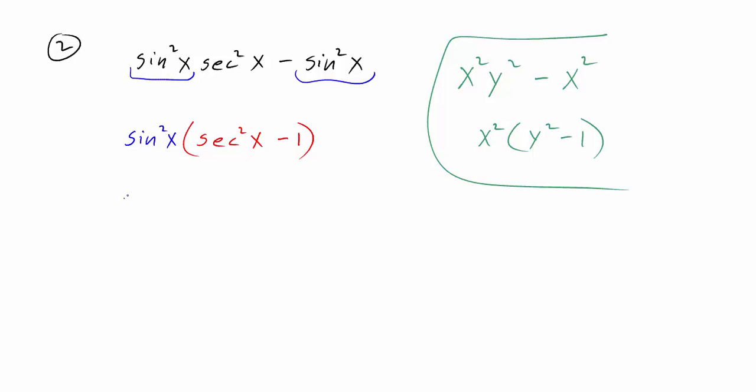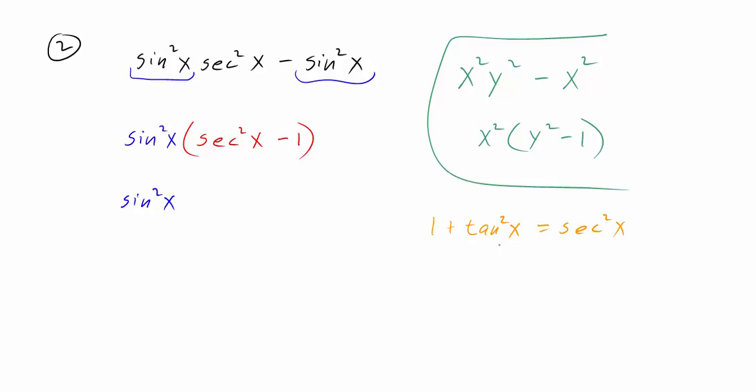Now at this point, we have sine squared x and secant squared x minus 1. That looks similar to a Pythagorean identity. So if you look at the identities, we see that secant squared x is actually equal to 1 plus tangent squared x.